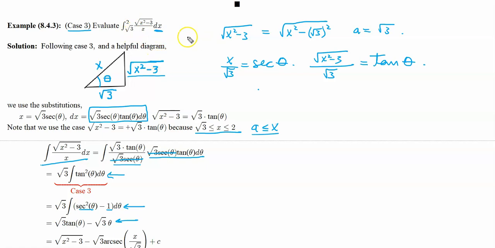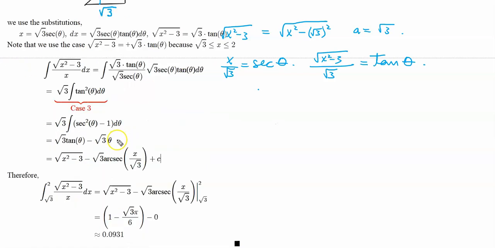So we want to convert this back into x's. So remember from our diagram up here, the tangent of theta is this quantity right here. So just put that back in place for the tangent of theta. Now the theta, okay, we have to go back to this equation right here.